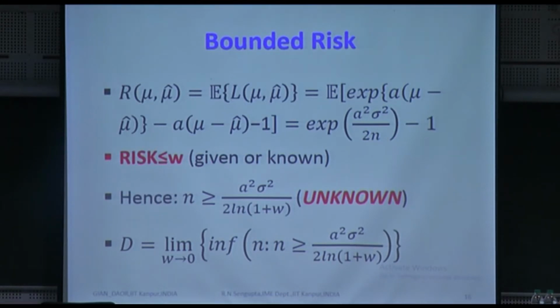Take some value of w, replace sigma square by sm square, and check whether that value is less than m. It's not n, it's m. If it is true, then you stop. If it is not true, you proceed.